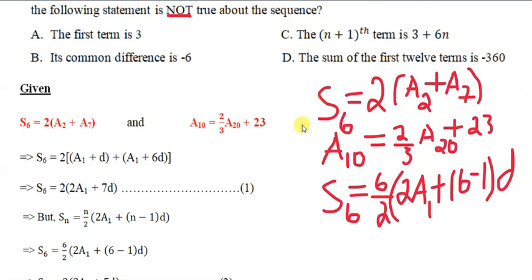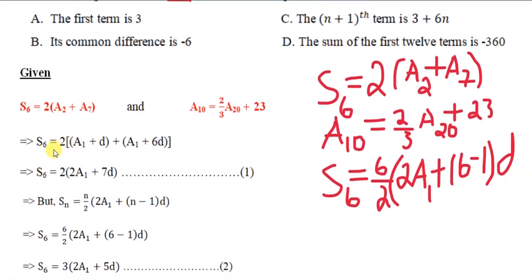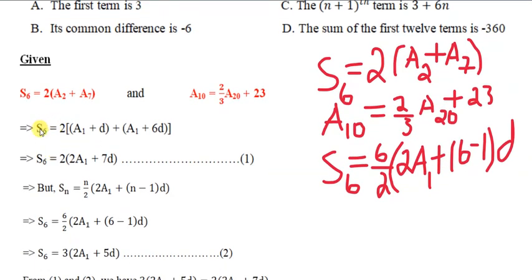Let us see. Observe this one, which I already solved here. S6 is 2 times A2 plus A7, and A10 is equal to 2 over 3 A20 plus 23.